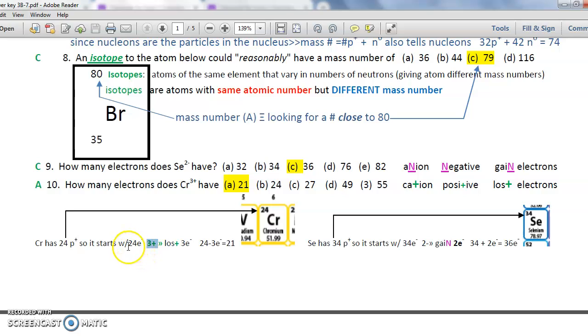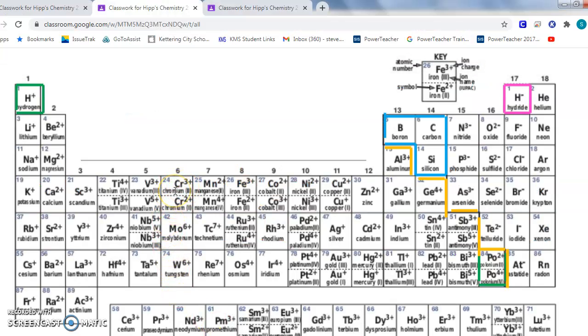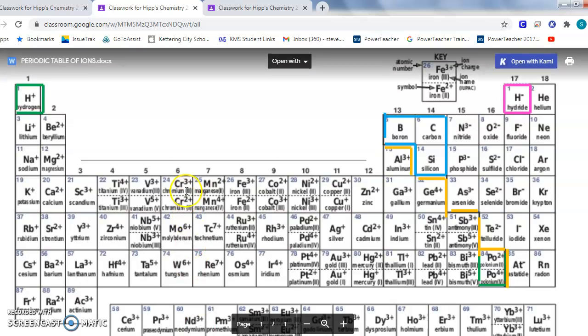So if chromium starts with 24 protons and 24 electrons, and we take away 3 of the negative things, we would have a remainder of 3 positive things. 24 minus 3, that would be 21 electrons. If chromium becomes 3+, it says here chromium likes to become 3+. It doesn't really satisfy the octet rule, as we can tell directly. But it is possible for chromium to lose 3 electrons and become 3+.